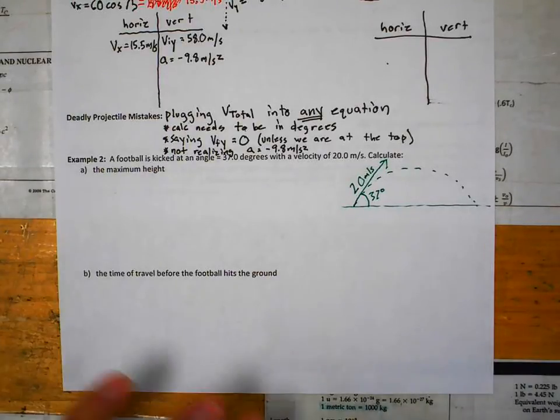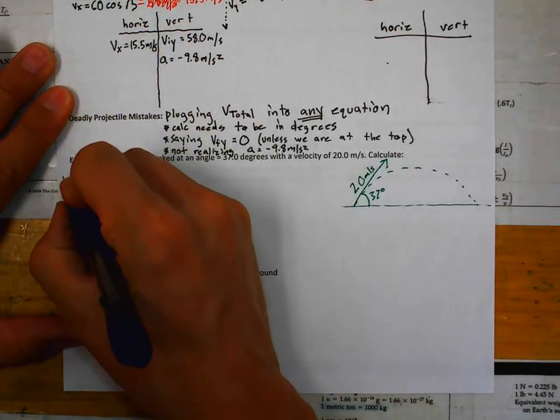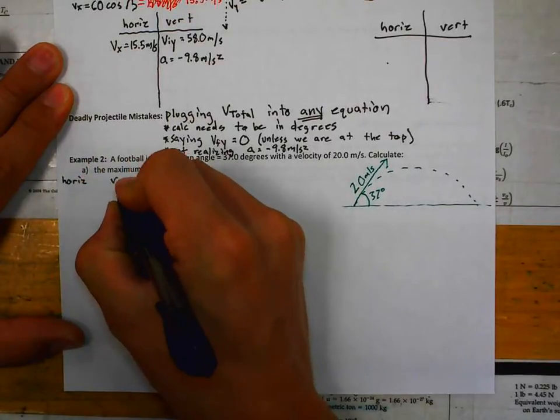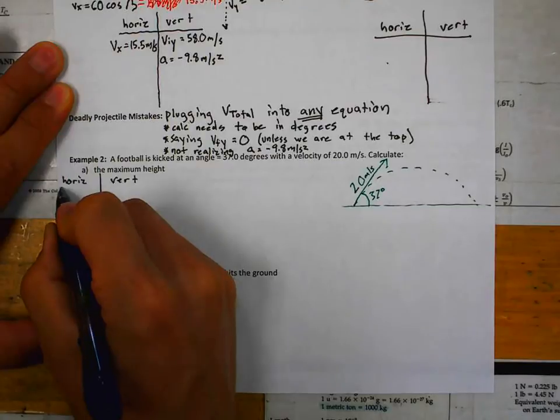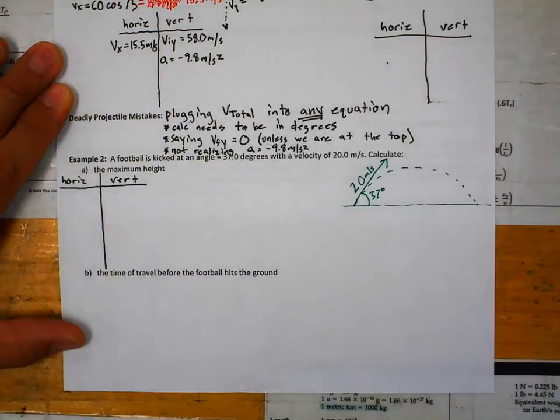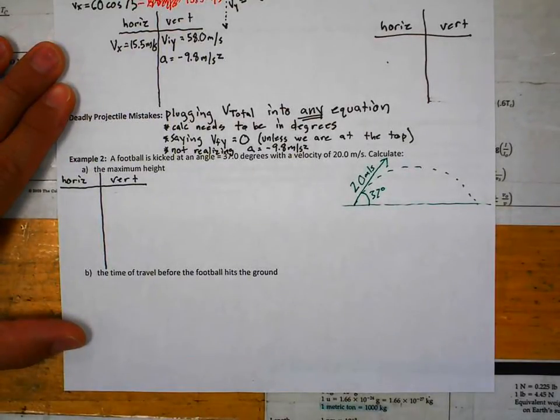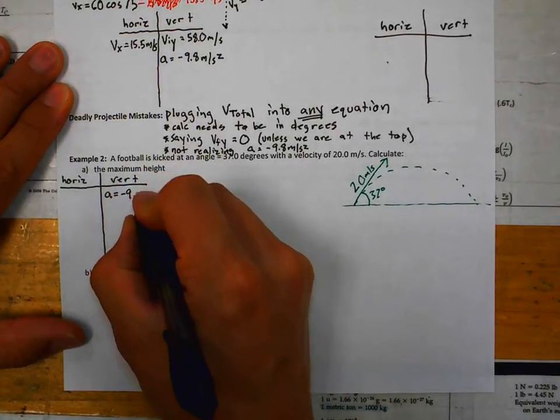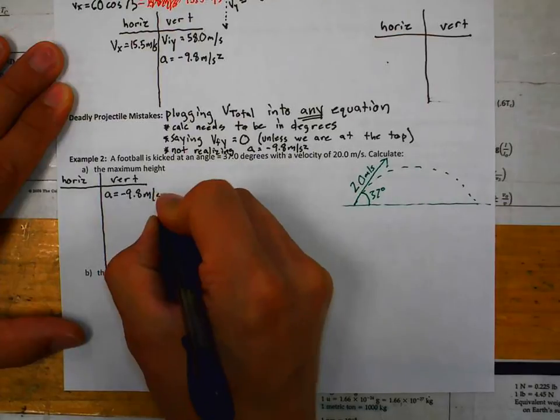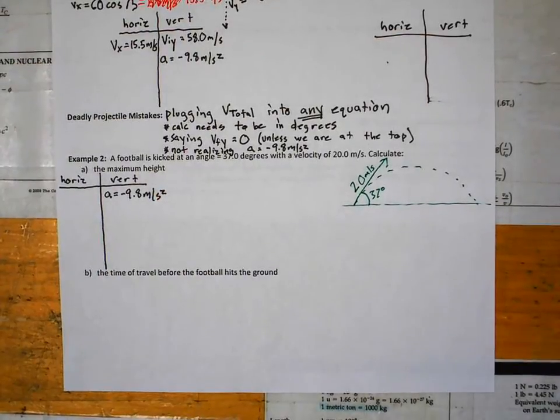Let's do our little chart, and let's do the easy stuff first. Acceleration equals negative 9.8. Anything else we know?